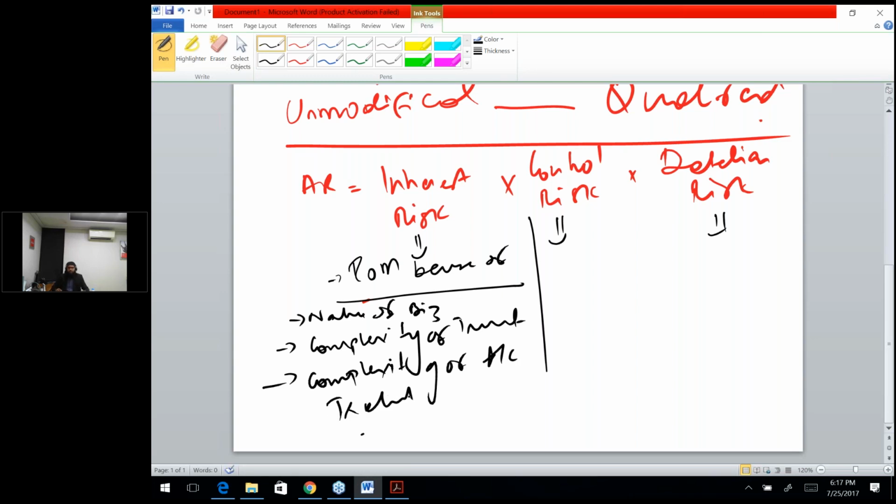So if there is a risk of misstatement of financial statements because of any of these, then that is considered to be inherent risk.